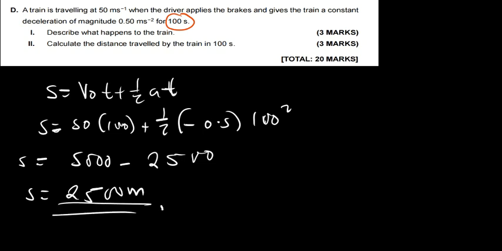If I want, I can put this in kilometers, then I'll divide it by 1000, so it will be 2.5 kilometers, but I would advise you to leave it in meters.